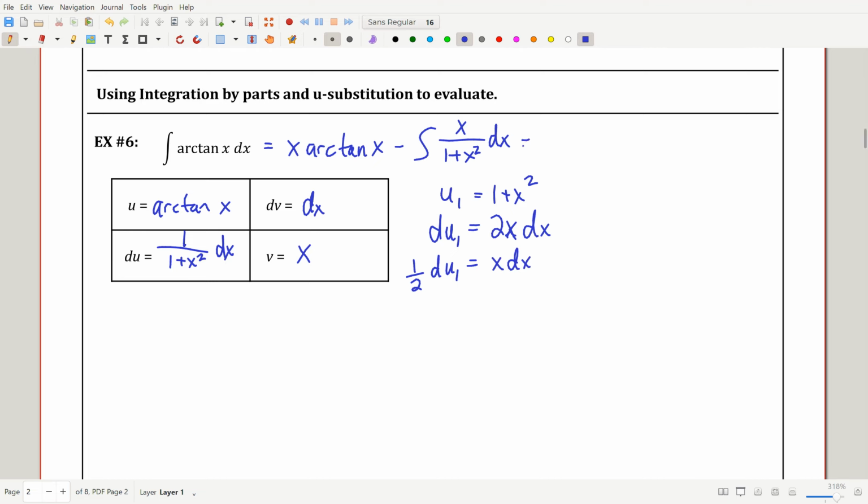So that integral we have above still equals x arctan x, but now that's minus 1/2 the integral, because we have that 1/2 du that we're replacing our x dx with, of du over u. Again, I'm fine not putting a plus c anywhere because I haven't taken an integral yet. Now here's where we're going to get our plus c.